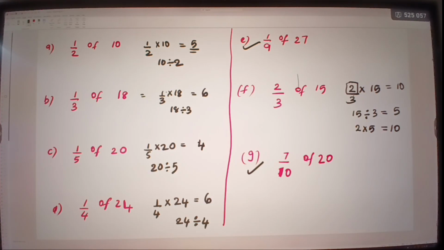First you divide the amount by 3. Then you multiply the answer by the 2. So you will get the final answer 10.